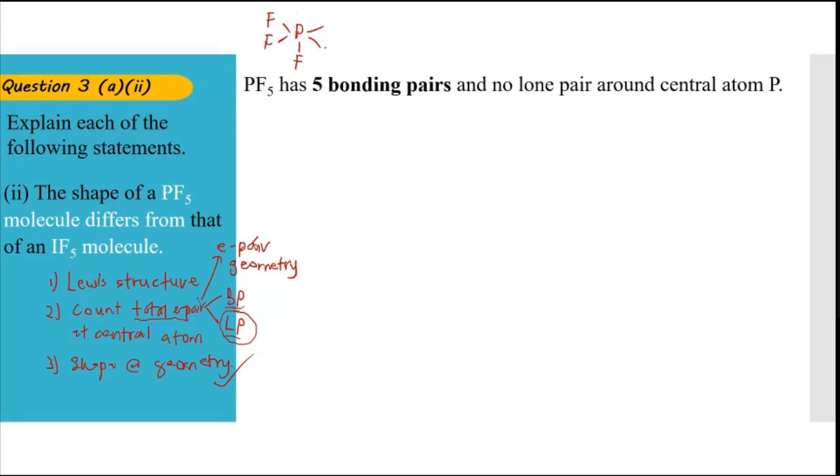Actually, the first thing you have to count valence electron. PF5. P equal to 5 valence electron. And then 5 fluorine, 7 times 5, 35. So the total will be 40 valence electron.